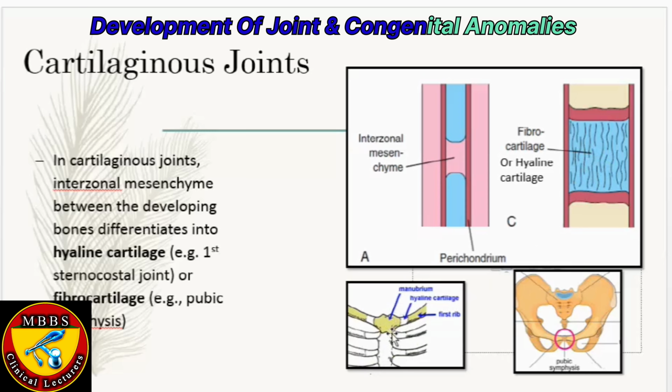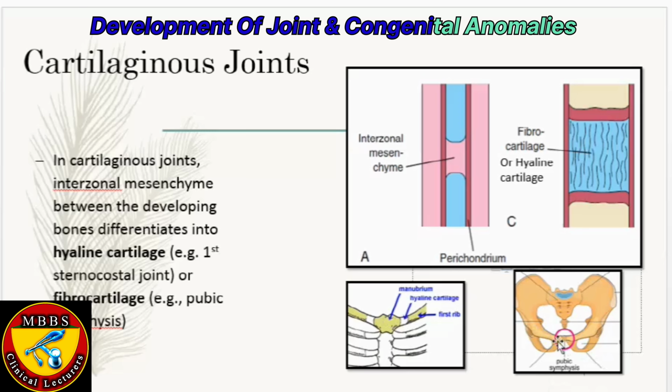When the interzone is differentiated into hyaline cartilage, one example which we could see over here is that of the manubrium and the first rib joint, the joint which is formed between the first rib and the manubrium part of the sternum. In this case, hyaline cartilage is formed between the two bony areas.